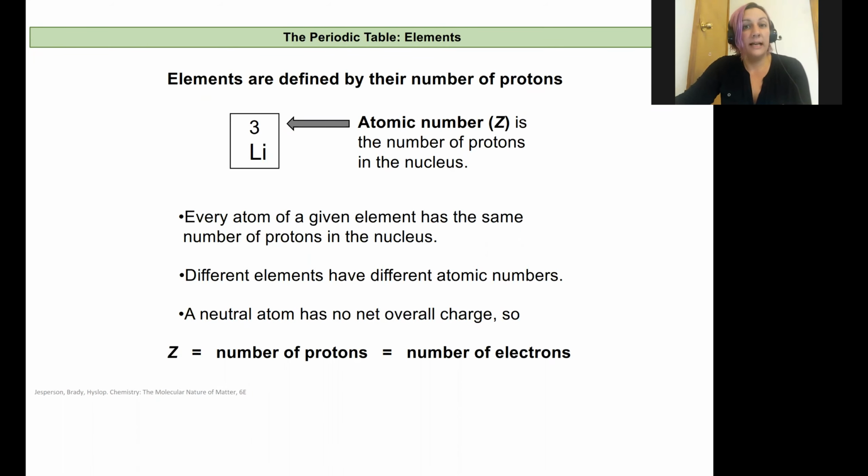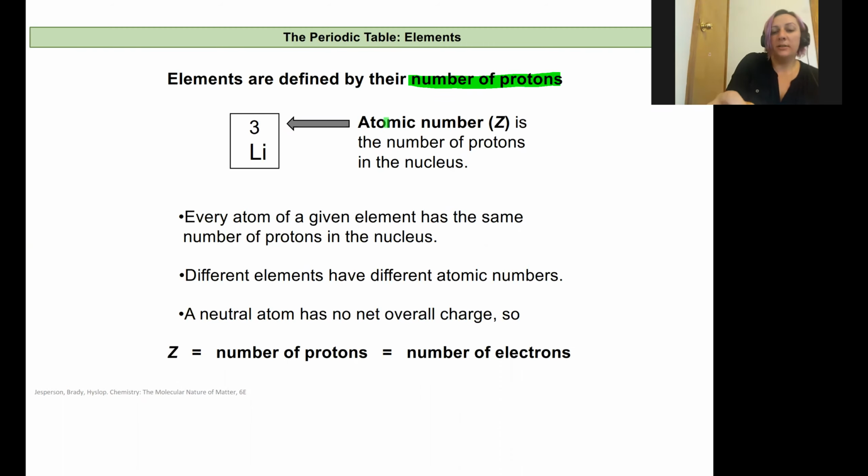So let's look at a few differences between different things within the periodic table and start with elements. Elements are always going to be defined by their number of protons. So any variation in the number of protons between atoms means you're looking at different elements.